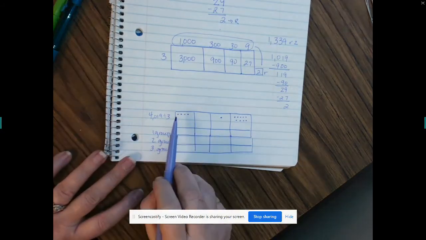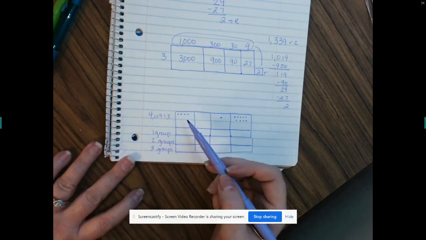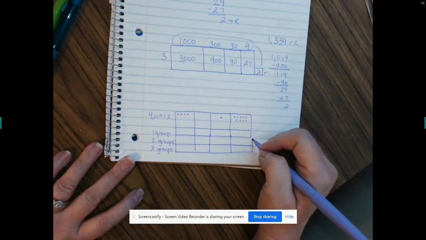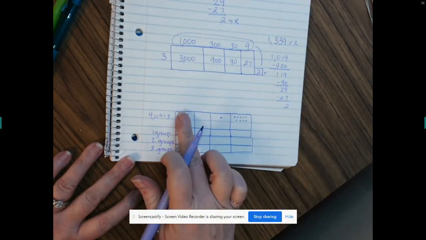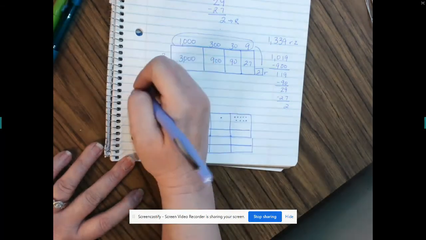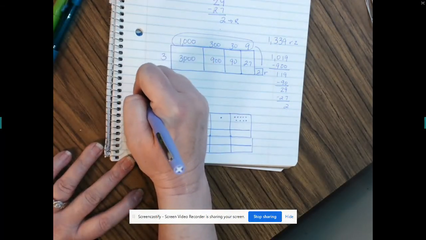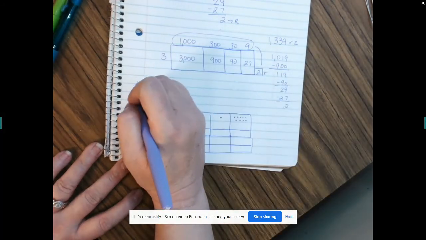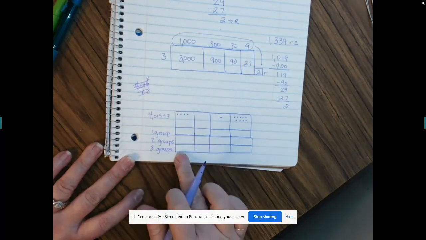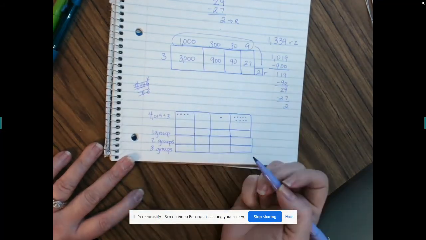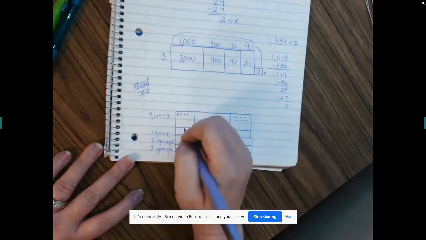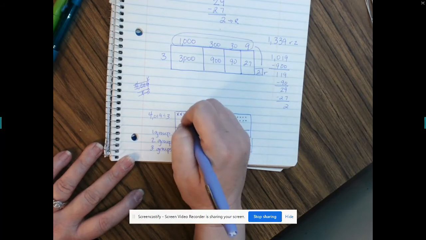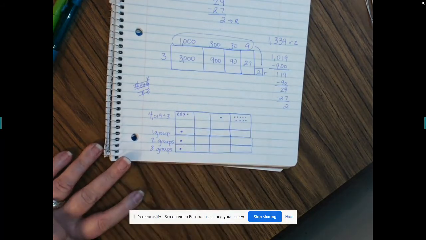Okay, so I'm going to take these dots here and we start on this side because in a division problem, we start with the largest place value. If I were multiplying 4,019 times 3, we would start with the ones column. But since we're dividing, we start with the thousands column. So I'm going to take these 4 dots and divide them up into the groups. So I have 1 dot here, 1 dot here, and 1 dot here.